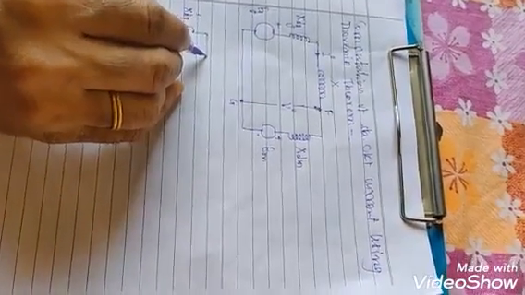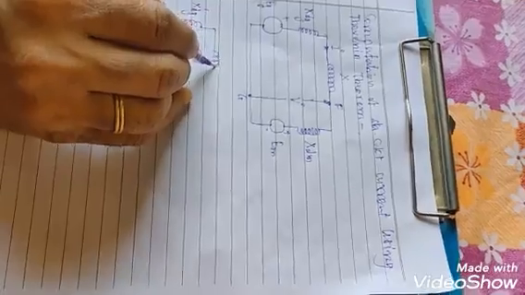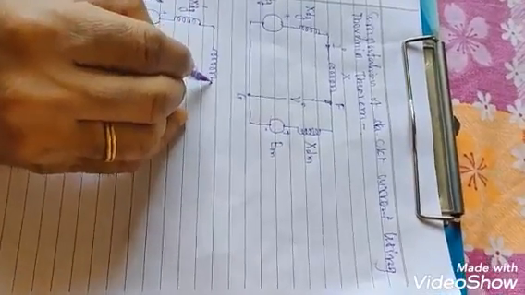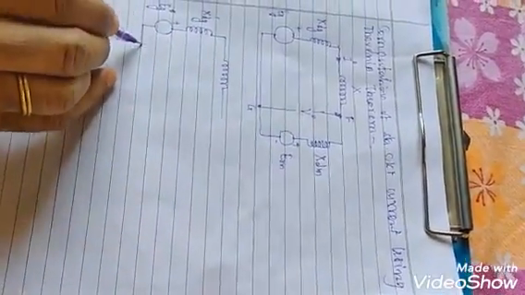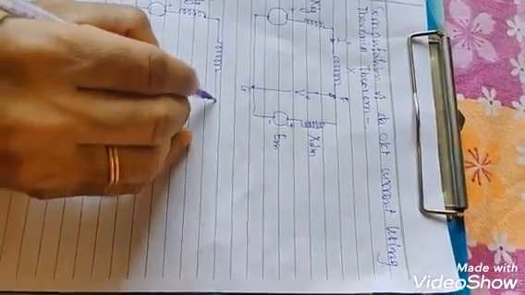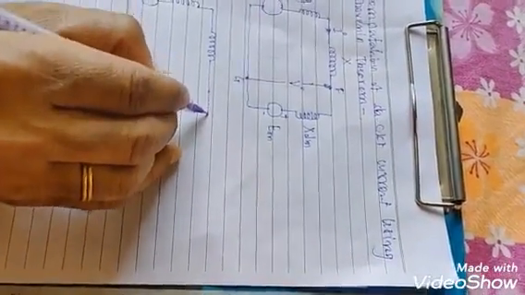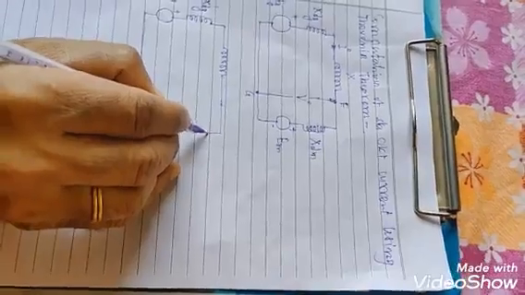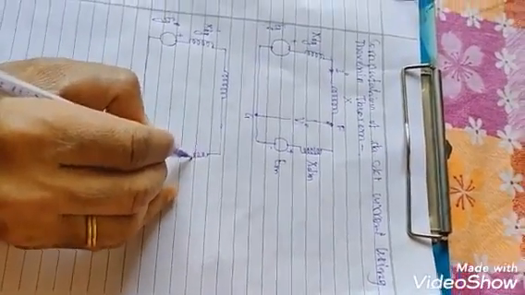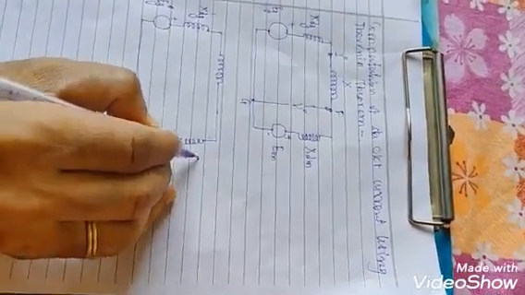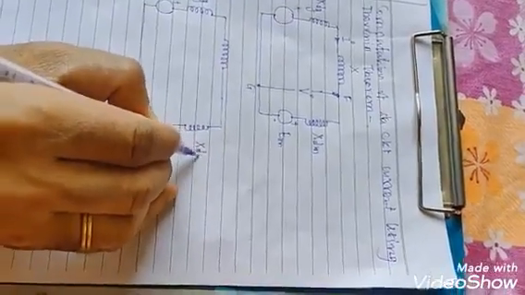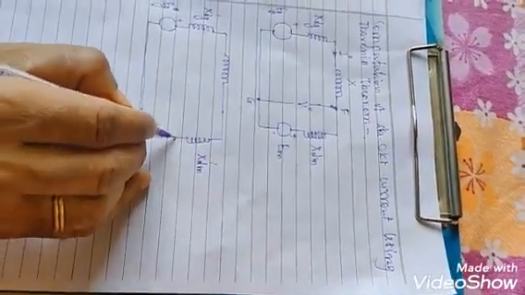This is transmission line reactance X, and this is the synchronous motor terminal. Synchronous motor transient reactance XDM dash.